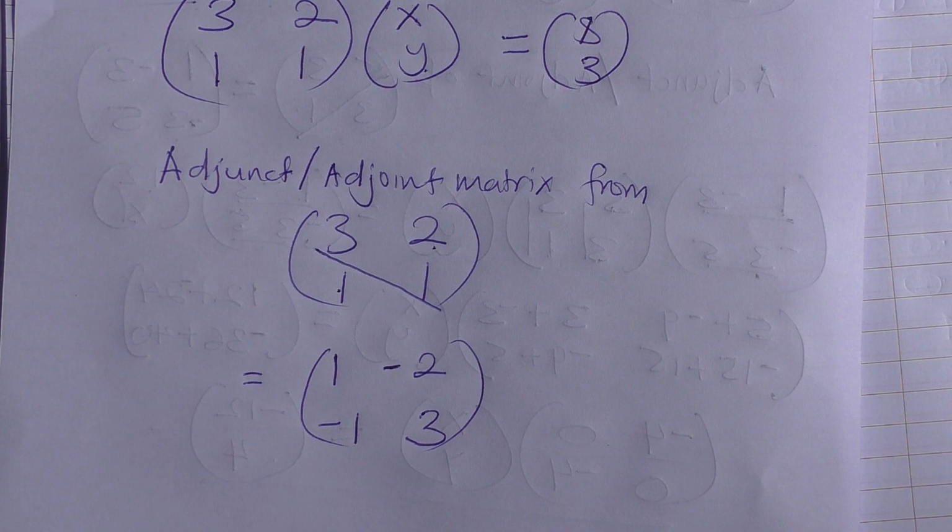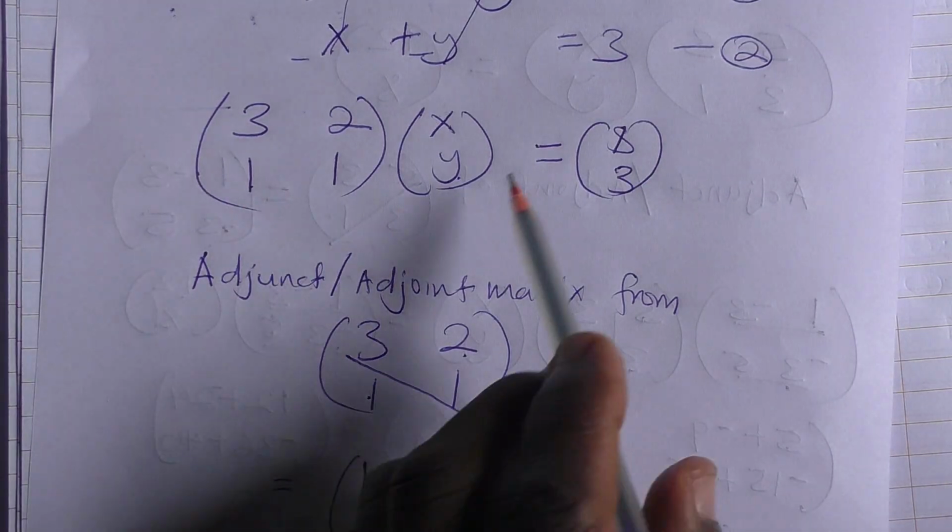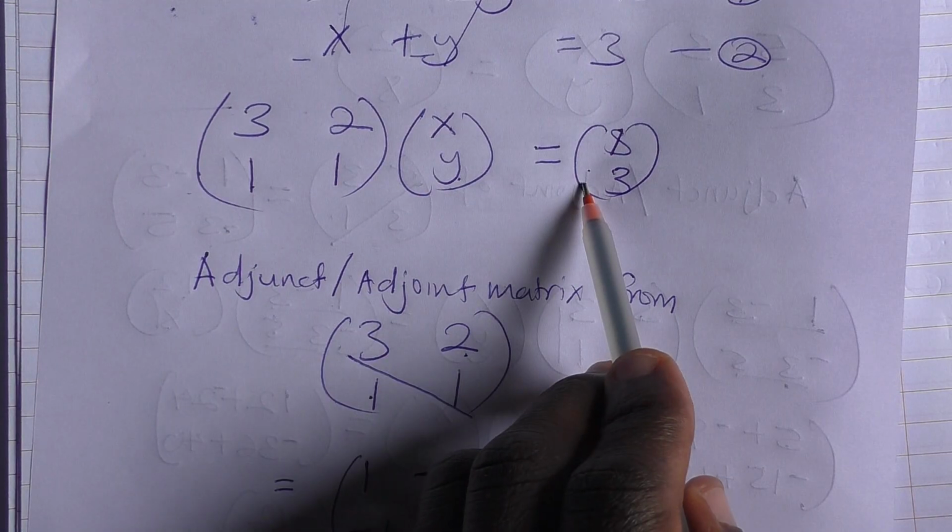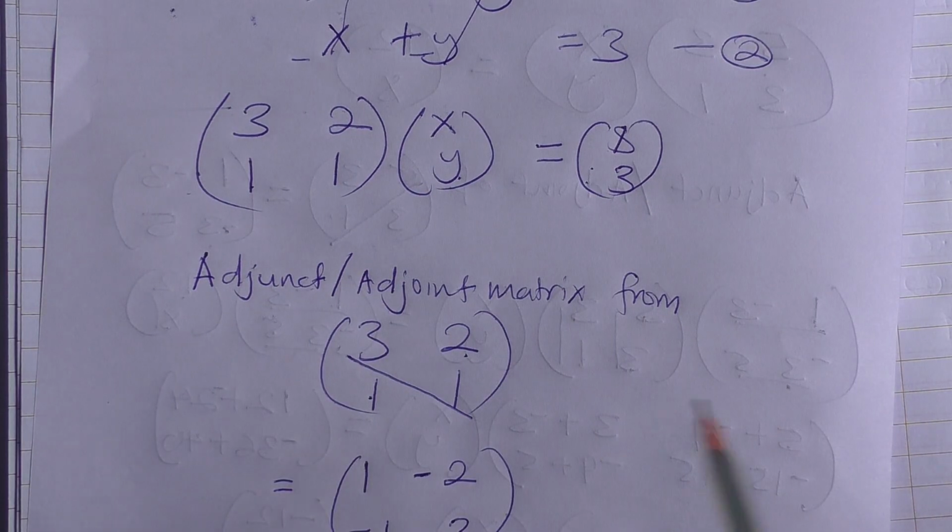we shall now multiply the adjunct matrix on both sides of the matrices, but the adjunct should come first.